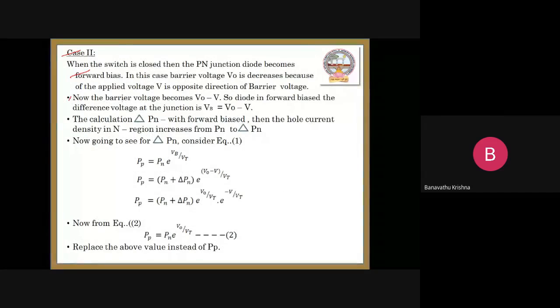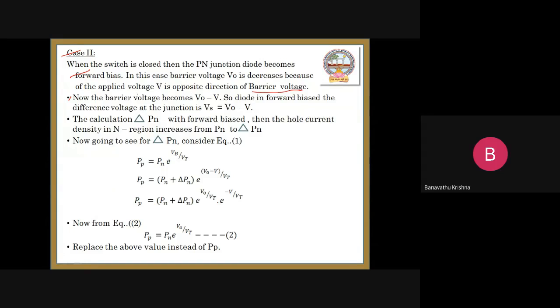When the diode is in forward bias condition, the barrier voltage V0 decreases because the applied voltage V is in the opposite direction of the barrier voltage. Now the barrier voltage becomes V0 minus V, the resultant voltage available at the junction.